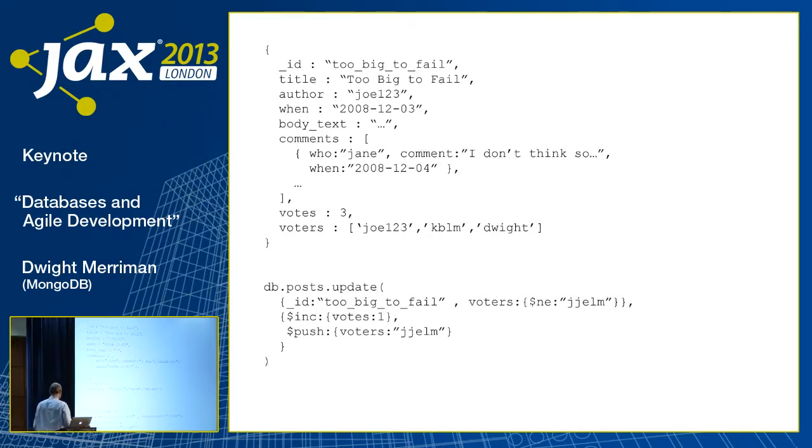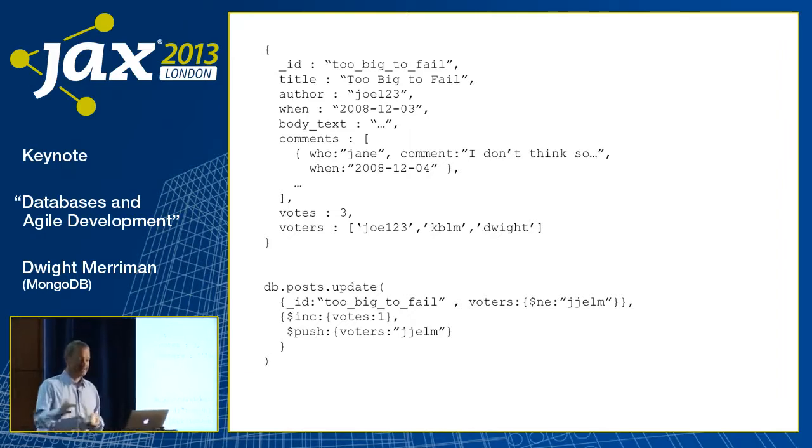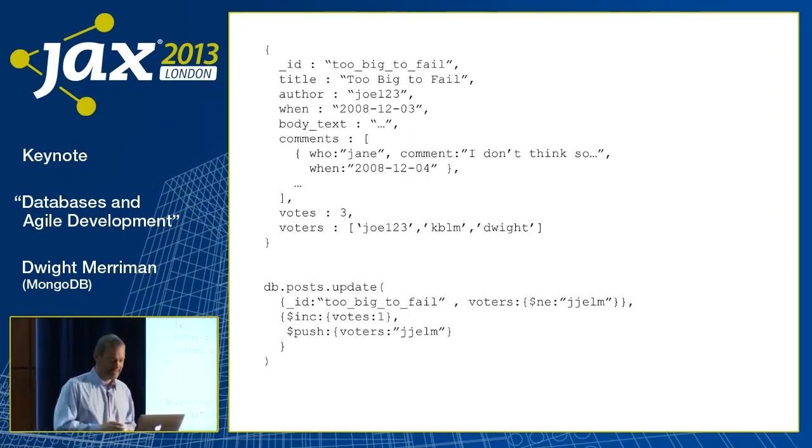Another interesting property in the MongoDB case is that this is an atomic operation, so you can't have a race where this person votes twice. That's an example of why the product has some support for atomic operations. There's a wide variety in the NoSQL space of consistency models, and it's a bit like a dial, or gradient.